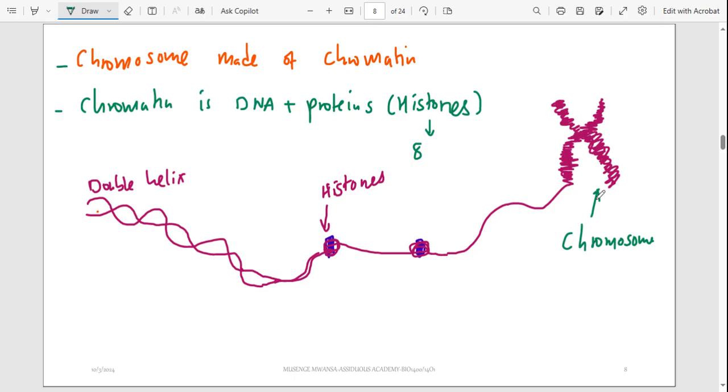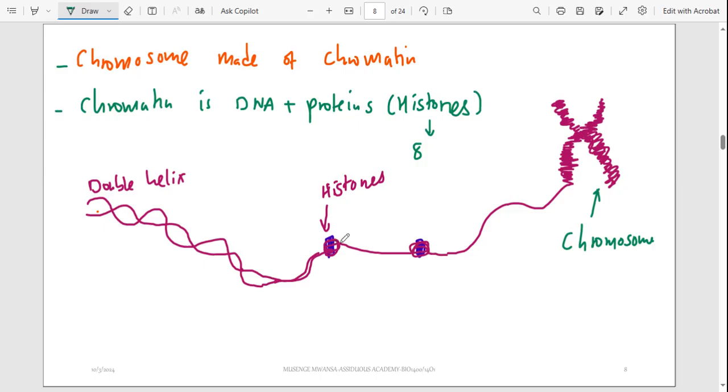Now, there is something that we call a nucleosome that is going to be formed. Remember, you have got the DNA that is wrapped around the histones.